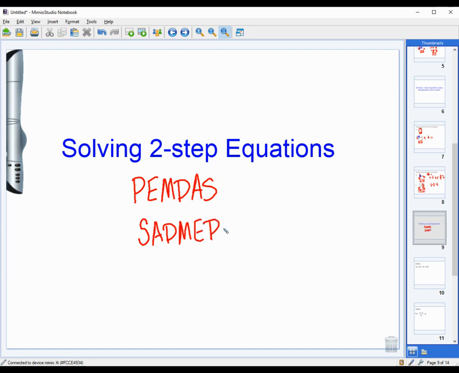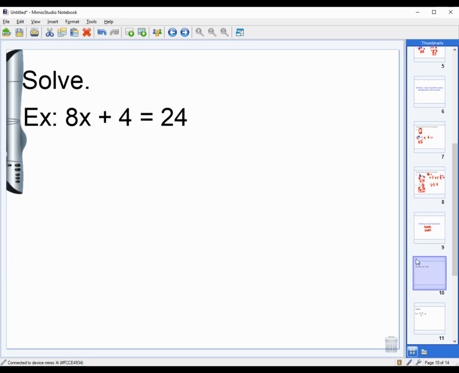Okay, and if you notice, all of these letters are still the same. This is literally the exact same thing, just backwards. So this would be subtraction, addition, division, multiplication, exponent, and parentheses. Okay, so this is what we're going to use in order to do two-step equations.